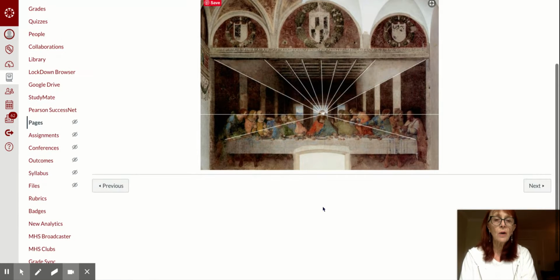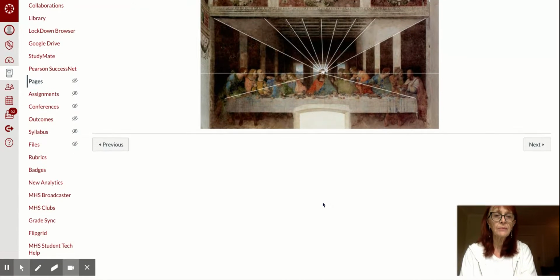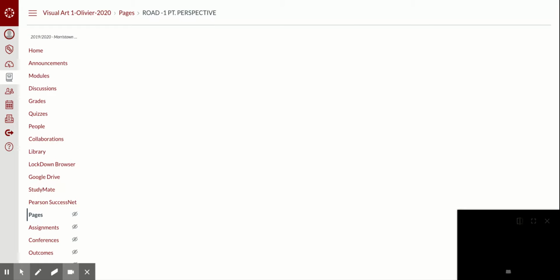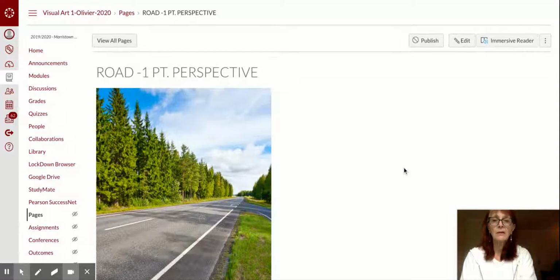However, the 1 point does not have to be in the center. So let's look at another example. Okay, so this road, the lines of the road, the edges of the road, the median line here, are all going off to the right.